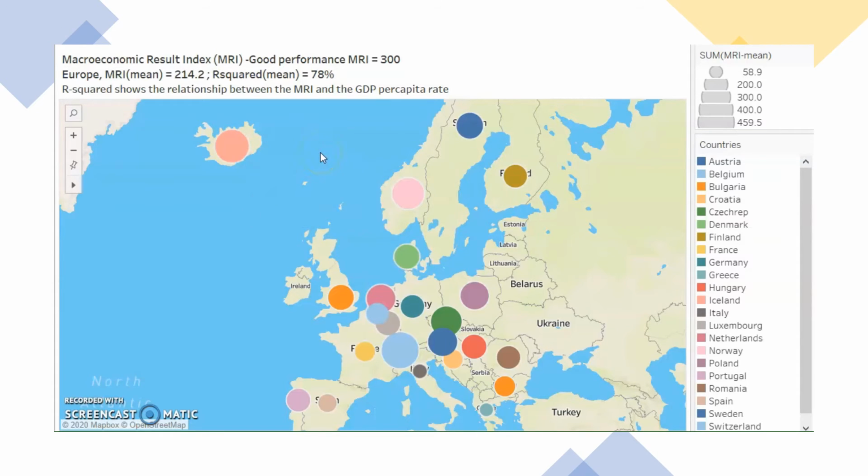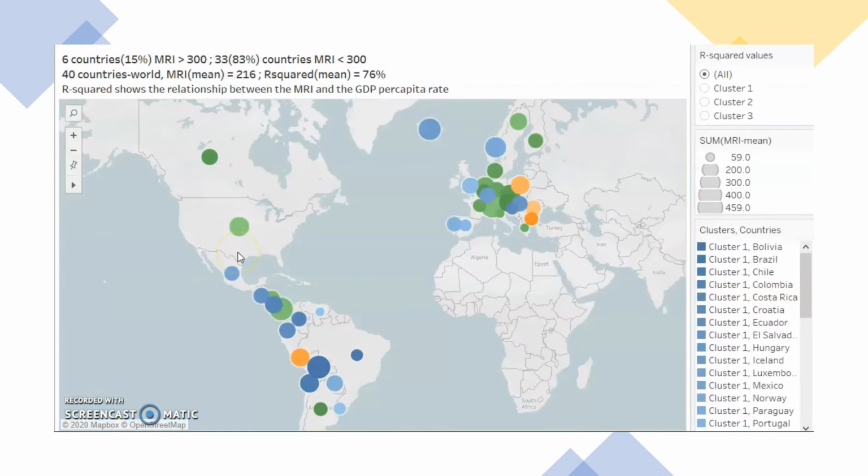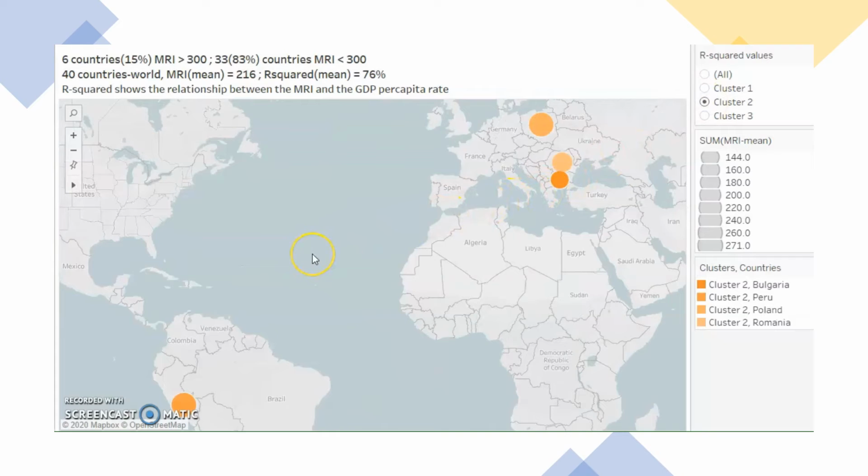Okay, so now let's see the world, but let's see the lowest value over here. The lowest values of the R square are these countries: Peru, in Latin America, and in Europe, Bulgaria, Romania, and Poland, under 50% of R square. Then let's look at the middle values in here.